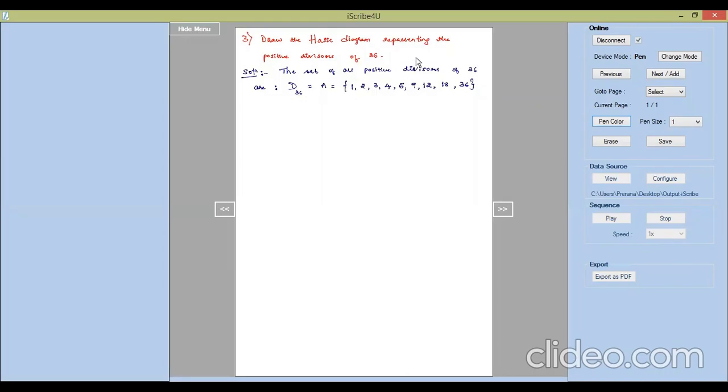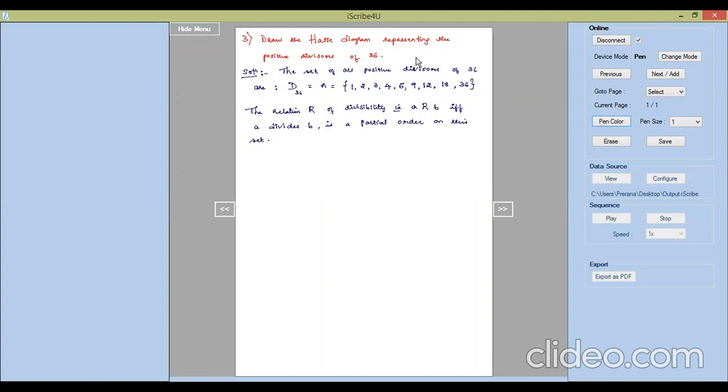Now, the relation R of divisibility, that is, A is related to B if and only if A divides B, is a partial order on this set.